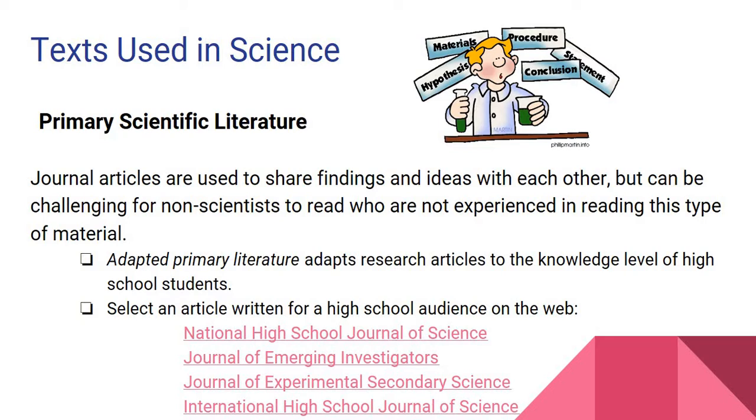And in order to make primary scientific literature more accessible, we can use adapted primary literature, which adapts research articles to the knowledge level of a high school student. We can also select an article that was specifically written for a high school audience on the web. I provided some different links for you that are links to different articles that were written for the high school student.